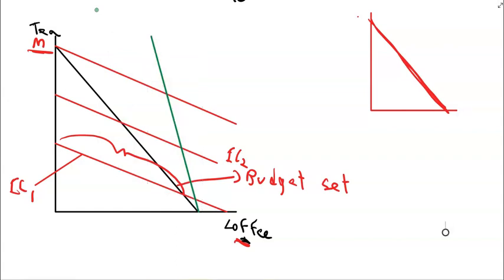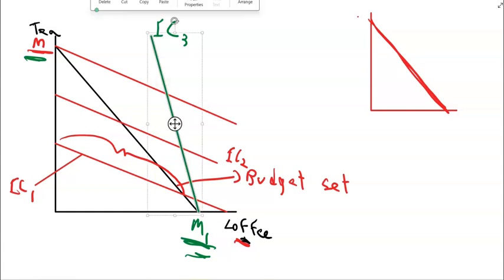So if my indifference curve was this, let's say IC3, then I would only consume coffee, and so my consumption bundle would have been M1. This is telling us that the shape of the indifference curve, how steep it is or how flat it is, tells us whether we consume only tea or only coffee. And consequently, this is how we find our consumption bundle.